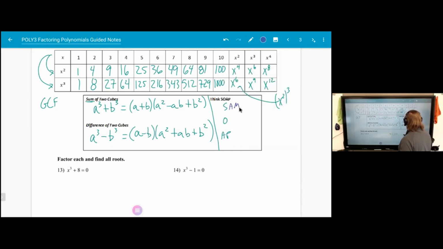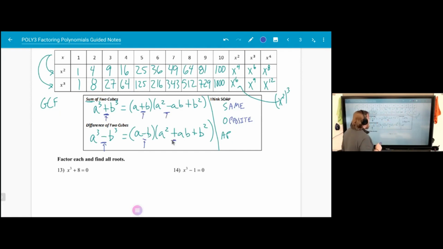They're the same. So you'll notice if it's a cubed plus b cubed, the first one is the same, a plus b. Just like down here, it's a minus b, so it's the same. And then the next sign is opposite. So in here, since this was a cubed plus b cubed, this next one is going to be opposite, or minus ab. And since the bottom down here was difference of 2 cubes, I'm going to do some arrows here.